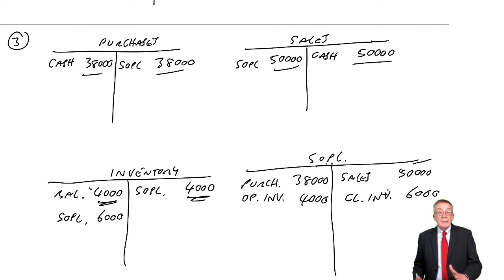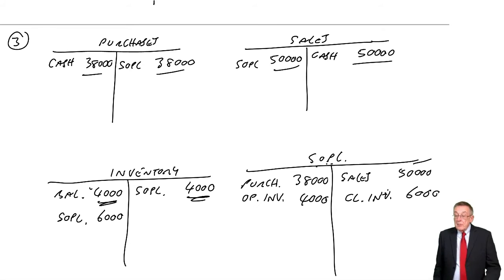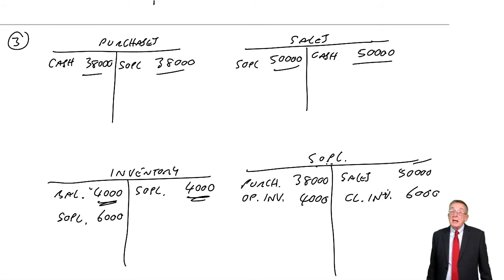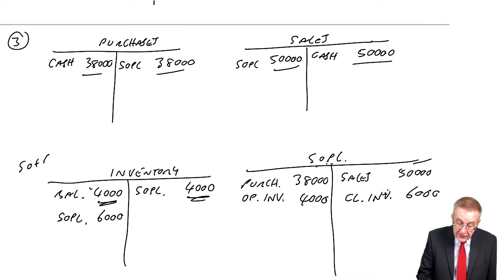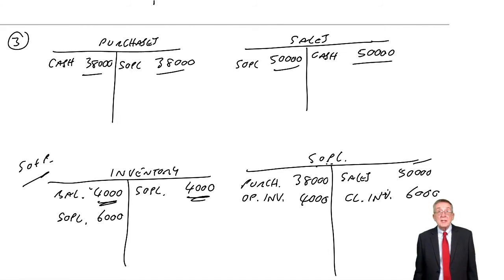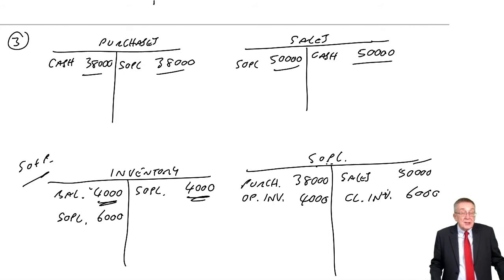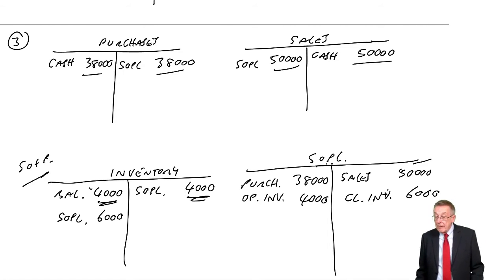And of course, now everything's perfect. Purchases, sales, the balance is 0, ready to record next year's. Inventory, balance of 6,000 to appear on statement of financial position as an asset, and that's the correct closing inventory.